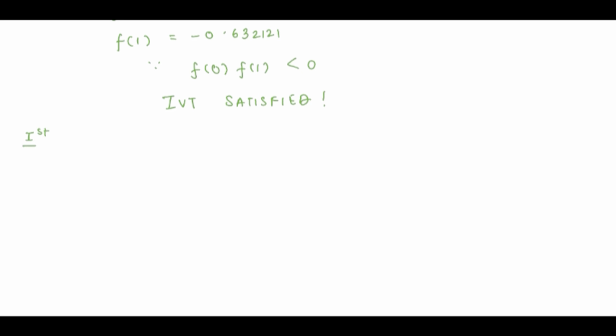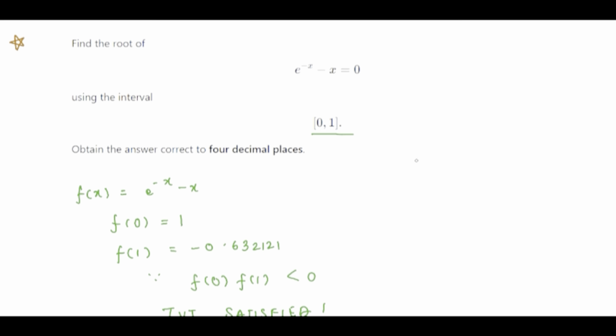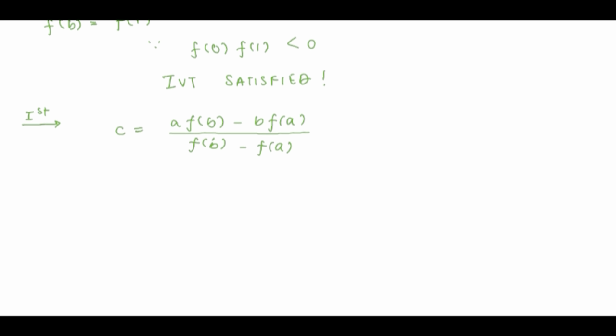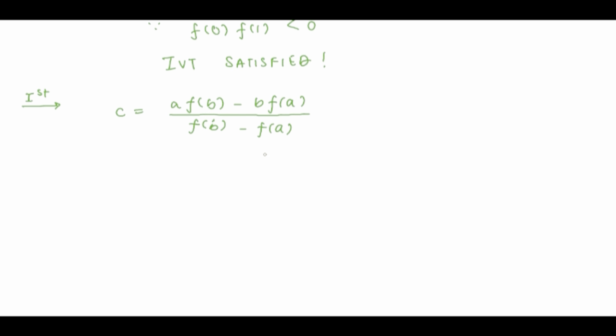Now using the Regula Falsi formula, we get C equals (A·FB − B·FA) divided by (FB − FA), where we have A equals 0 and B equals 1, and hence FA equals 1 and FB equals minus 0.632121. And using the Regula Falsi iteration formula, we get the C1 value as 0.6127.